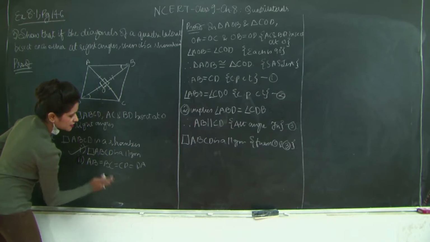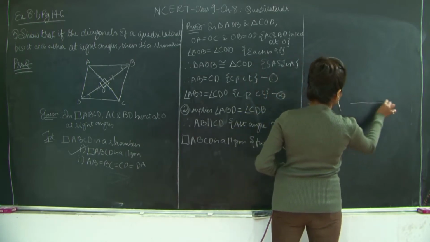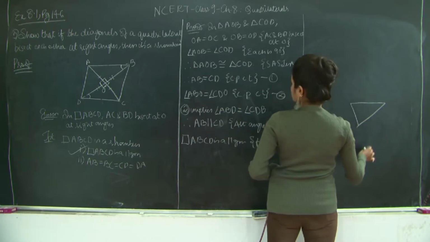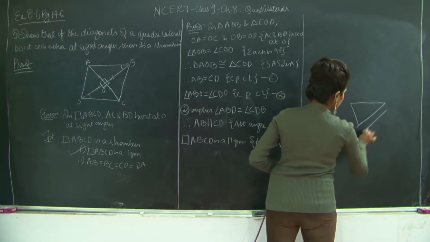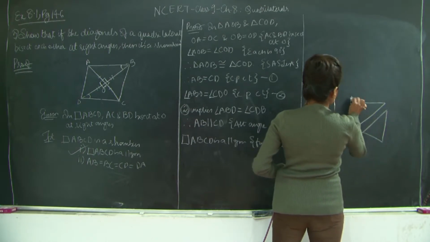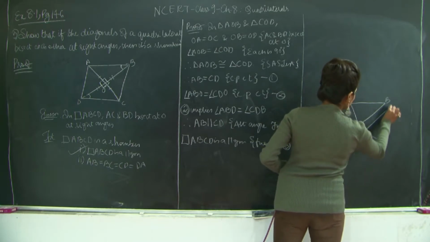Okay, there isn't much space here, so we'll do it there itself. So, I have ABO and CBO.